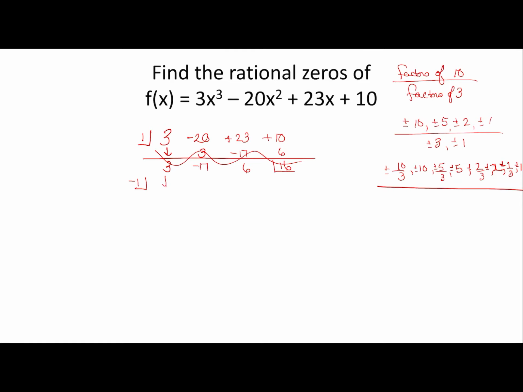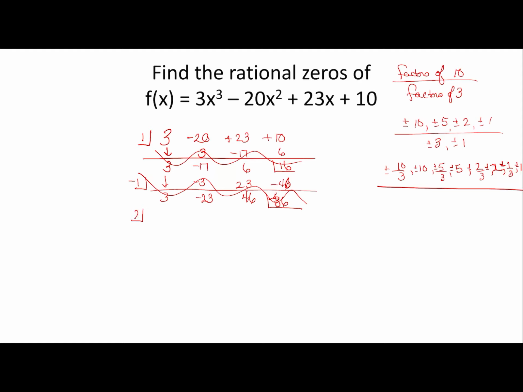Our 3 comes down, and -1 times 3 is -3, -20 and -3 is -23. -1 times -23 is 23. 23 and 23 is 46, and that is definitely not going to get us a 0. So -1 didn't work.